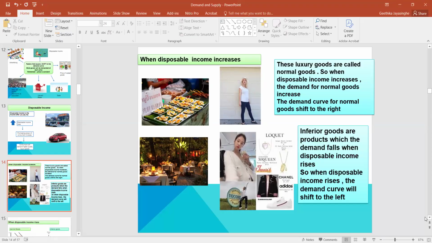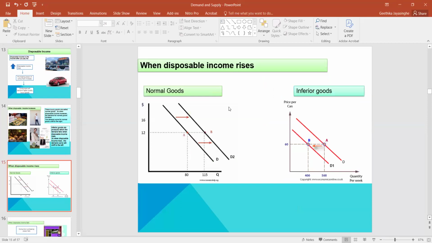This is the basic idea. And going further, you can see, when disposable income rises, demand for normal goods will rise. At the same time, they will not buy the inferior goods, so the demand curve for inferior goods will shift to its left.